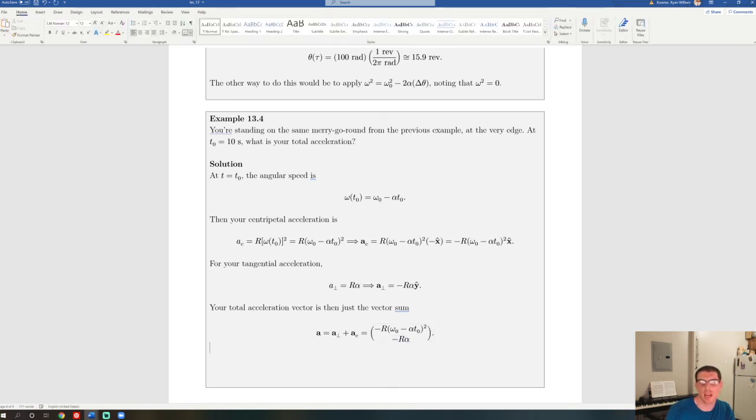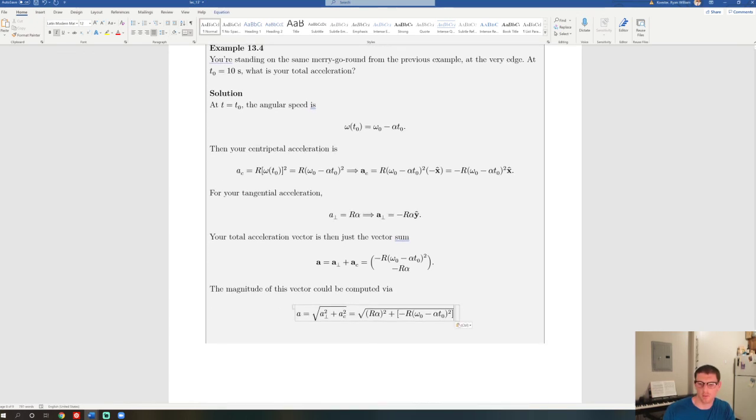The magnitude of this vector I'm going to copy and paste from my notes here, but it would work out to just be this if I fix the sign. We would just do this with the Pythagorean theorem, just like any other vector. So this would be our magnitude, and if you really want to, you can calculate the number, but I'm not going to do that.